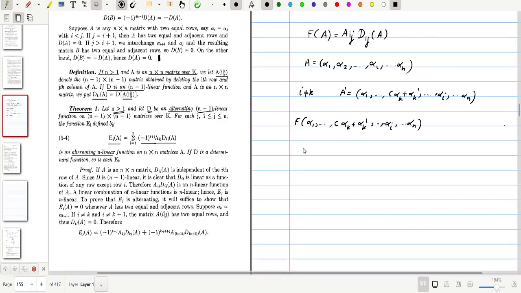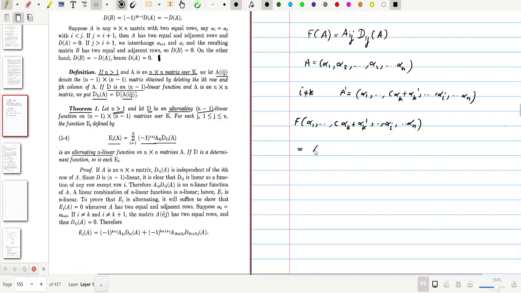We need to prove that this is equal to C times f of alpha 1, alpha 2, alpha k, etc., alpha i, etc., alpha n plus f of alpha 1, alpha 2, etc., alpha k prime, etc., alpha i, etc., alpha n. By definition, this is the ijth entry of the matrix A. That means the ijth entry comes from this alpha i, and that is the same as Aij.